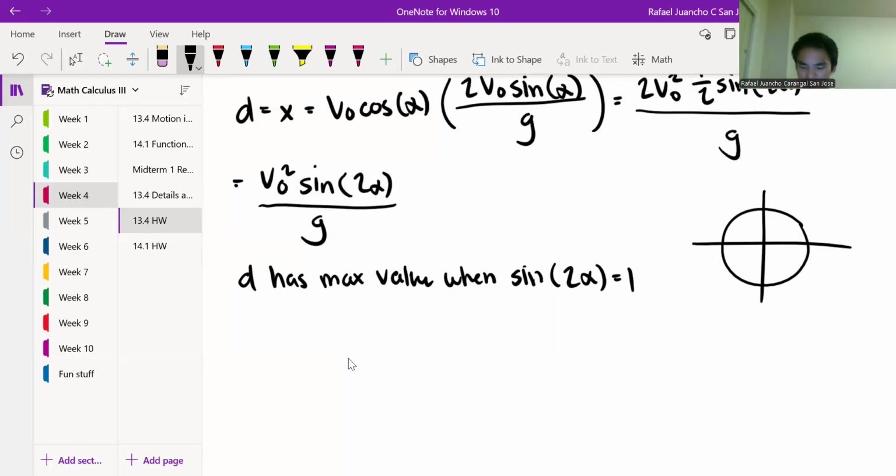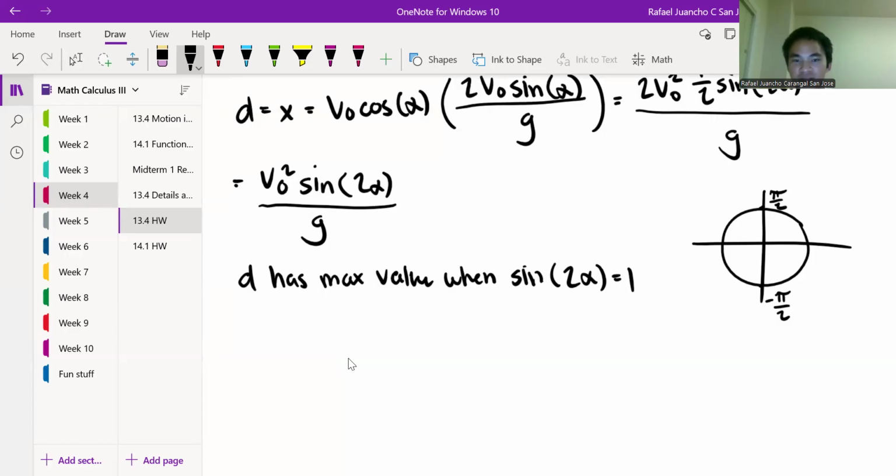Sine of pi half is one of them. So it's when this is pi half or negative pi half. And then my sine of that is 1, right?